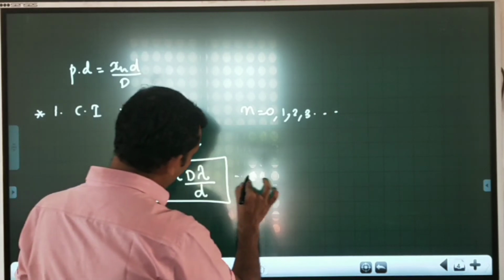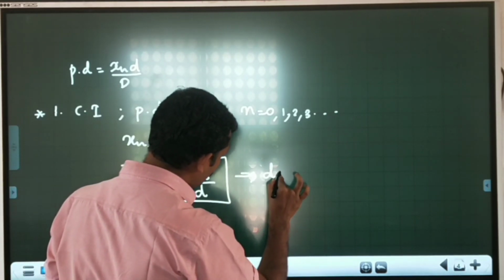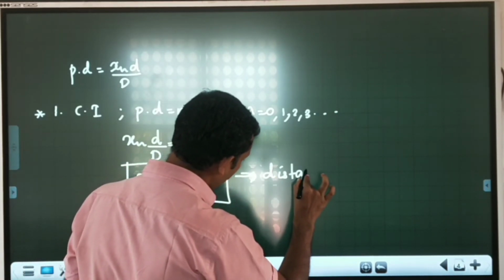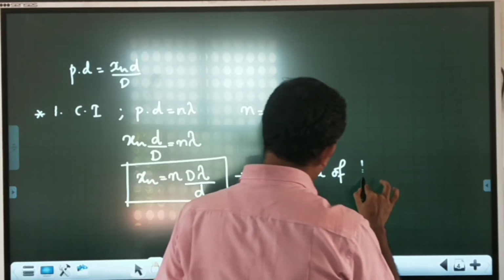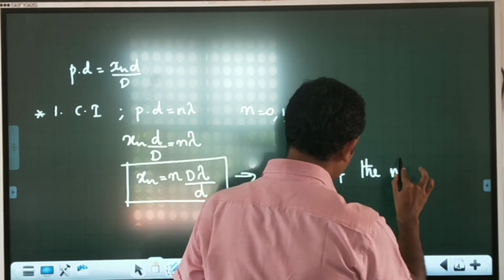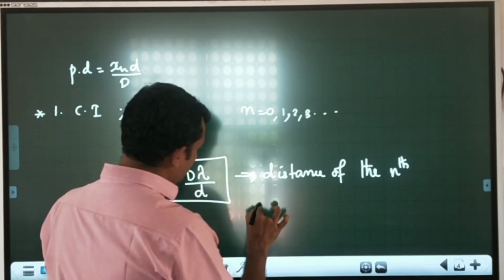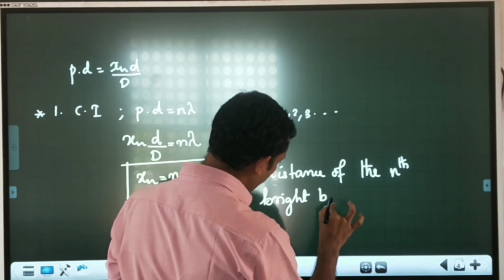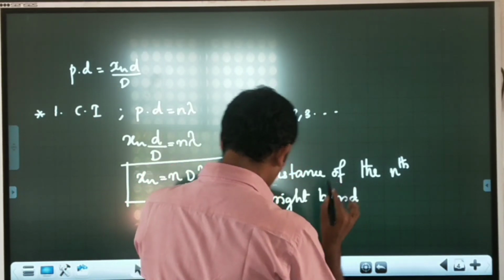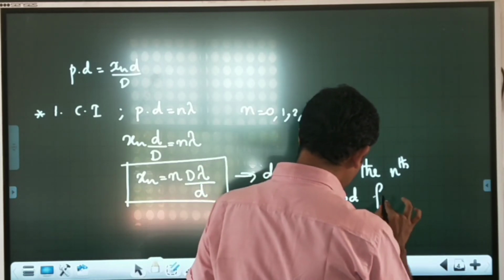So we can define this as distance of the nth bright band from the central band.